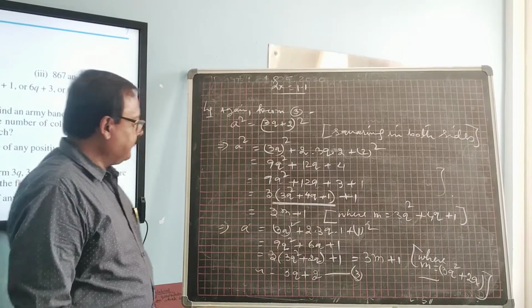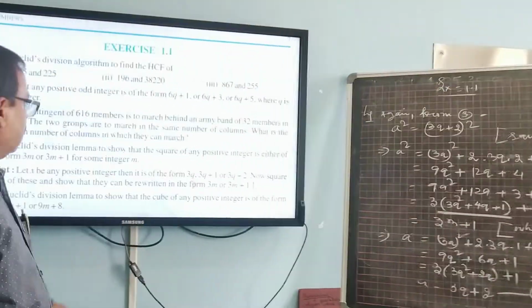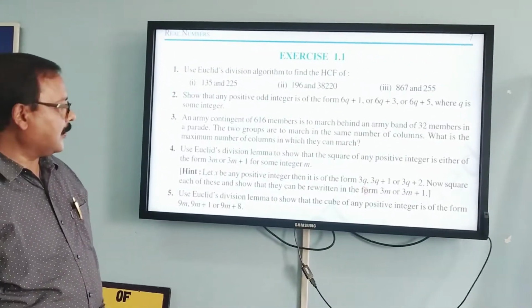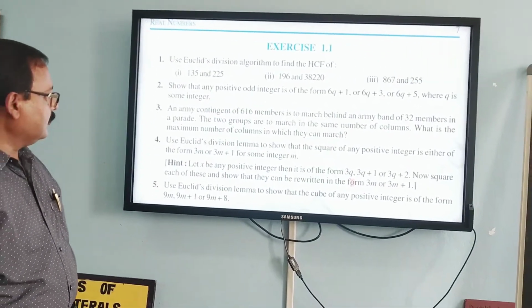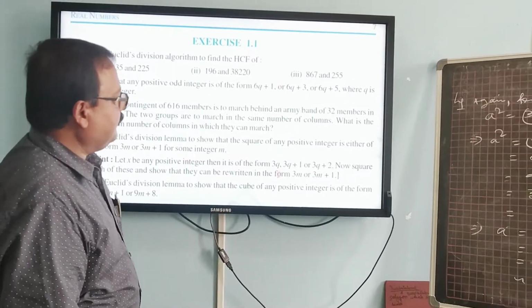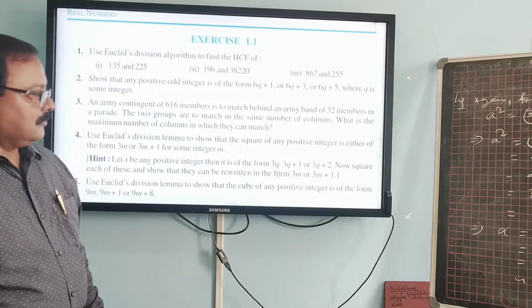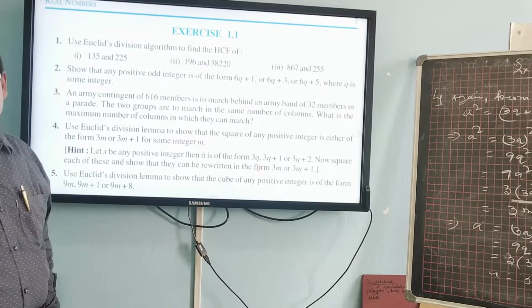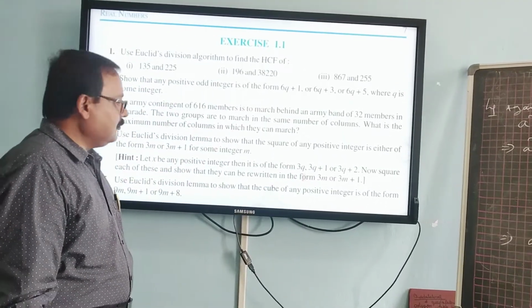So we can say the question is that the square of any positive integer is either of the form 3m or 3m plus 1.